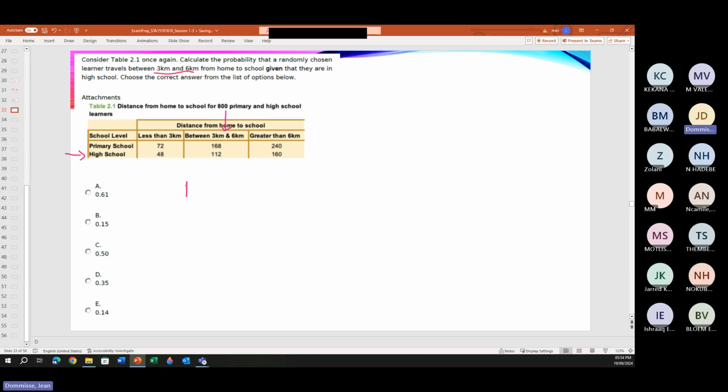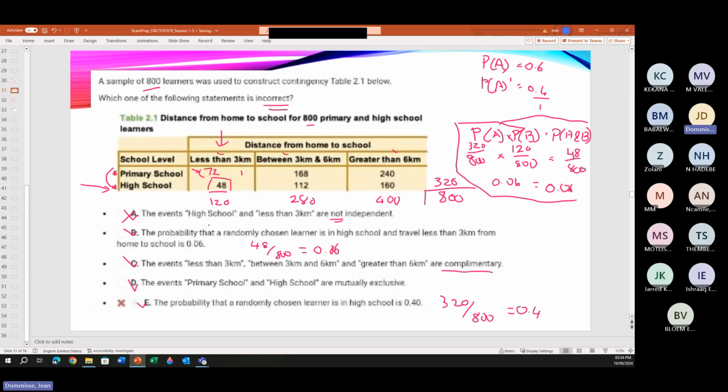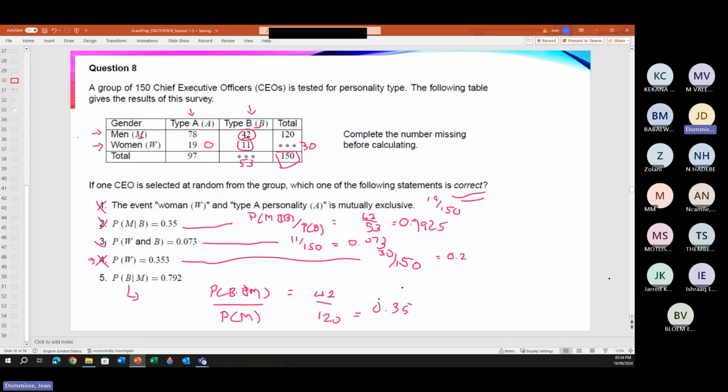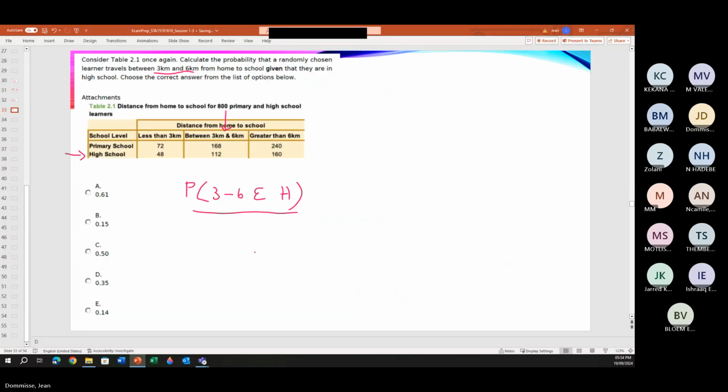Okay, so what's the probability of between 3 and 6 and high school? Remember now, that is how the given formula works. The probability of the and, divided by the probability of the given, which is the probability of high school.